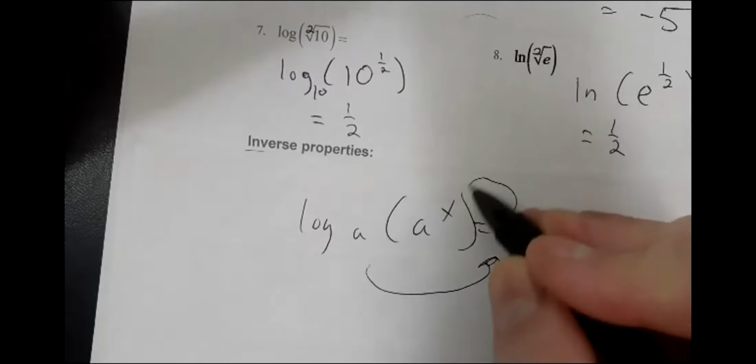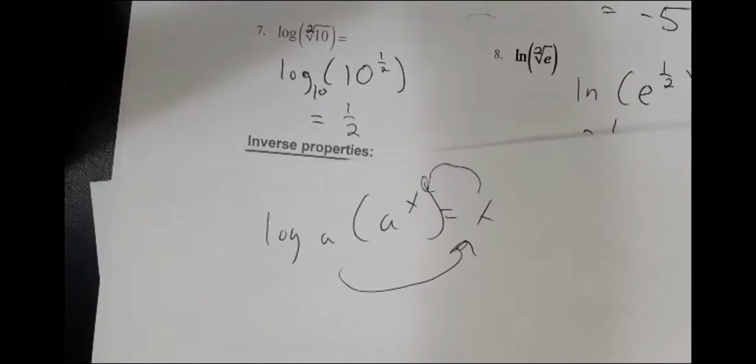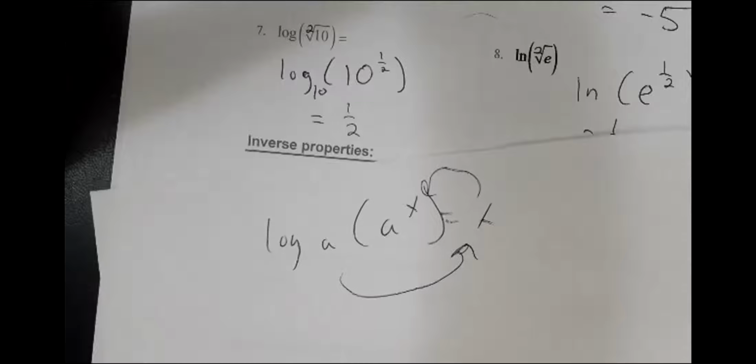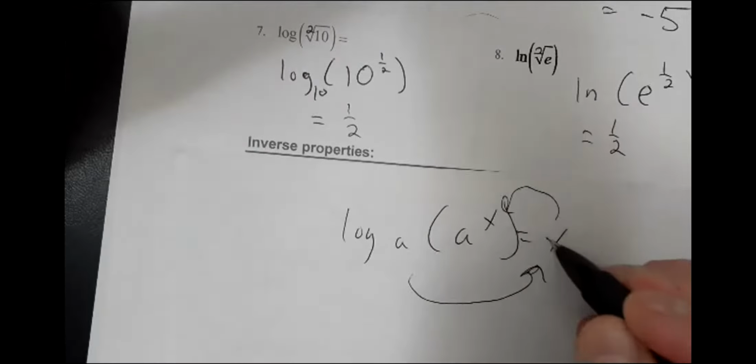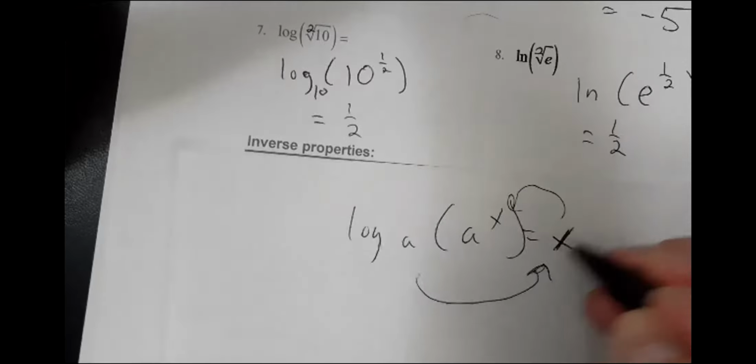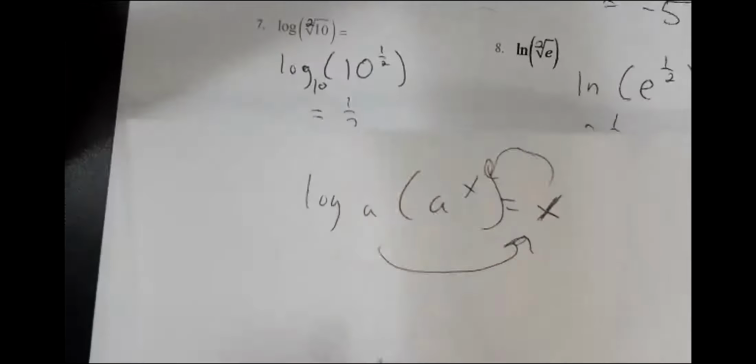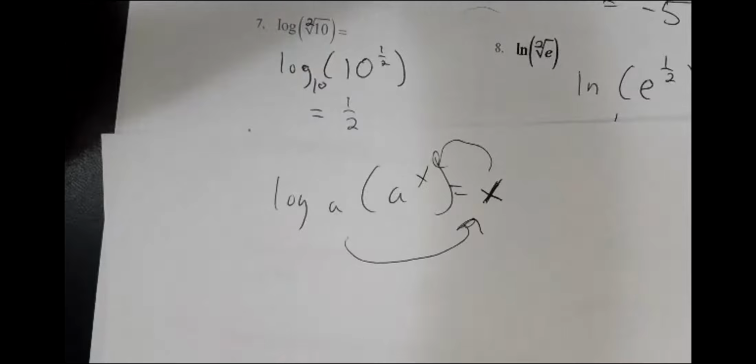But if you go in a circle, we're going to get a to the x is equal to a to the x. We've been using and skimming through this property. It follows from the definition of the log that we were previously doing.